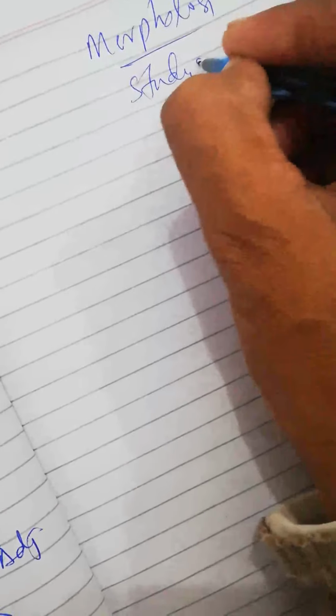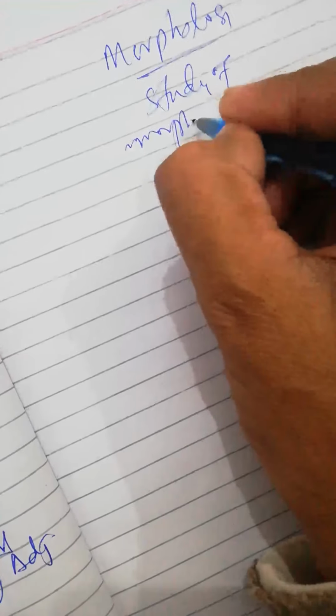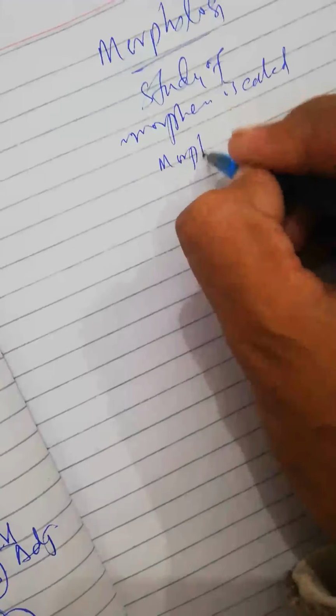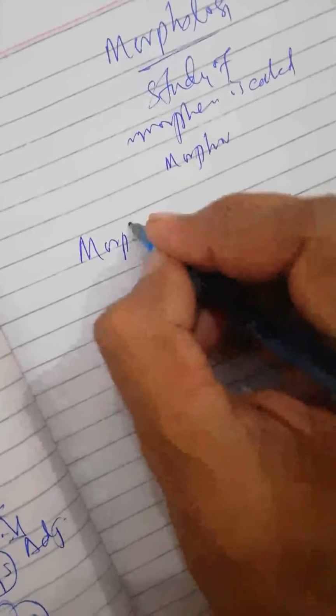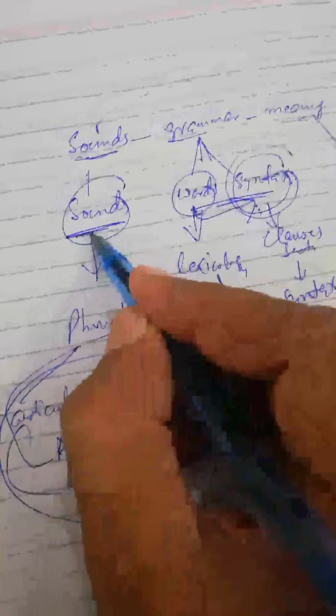So this was an introductory topic regarding morphology. What is morphology? The study of morphemes is called morphology. And what is a morpheme? Let me take you back to the first page. The basic unit of sound is known as the phoneme.